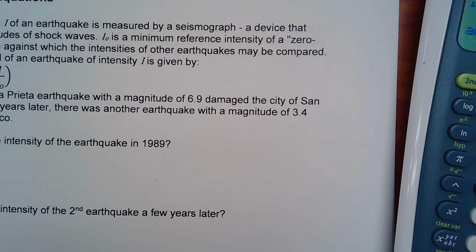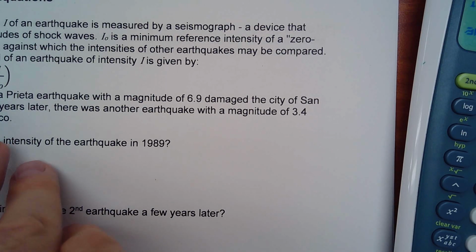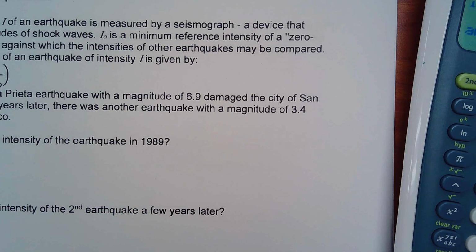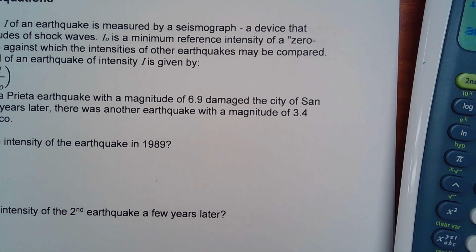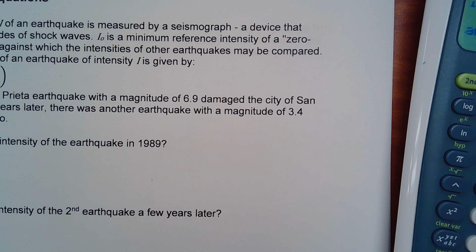The magnitude m of an earthquake of intensity I is given by m equals log of I over I sub 0. In 1989, the Loma Prieta earthquake with a magnitude of 6.9 damaged the city of San Francisco. A few years later, there was another earthquake with a magnitude of 3.4 near San Francisco. What was the intensity of the earthquake in 1989?